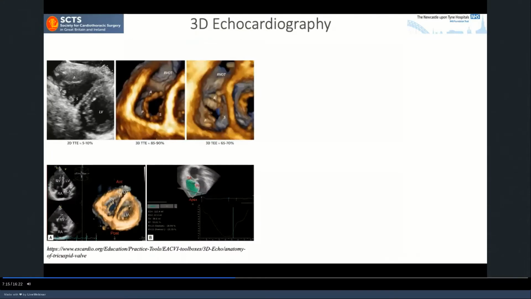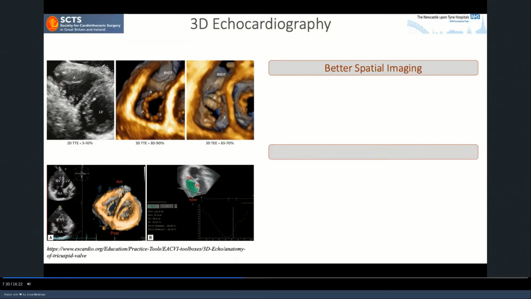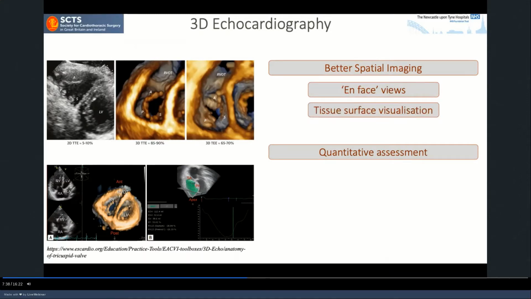So I would like to talk a bit about 3D echocardiography, as it seems to be the way forward for describing lesions on the tricuspid valve. The main two reasons why this has become such a cornerstone is better spatial imaging and quantitative assessment. Through 3D echocardiogram, you can get an en-face view, which allows you to see the surface of the tissue very well, and also allows you to be able to do that in real time or in a reconstructed manner.